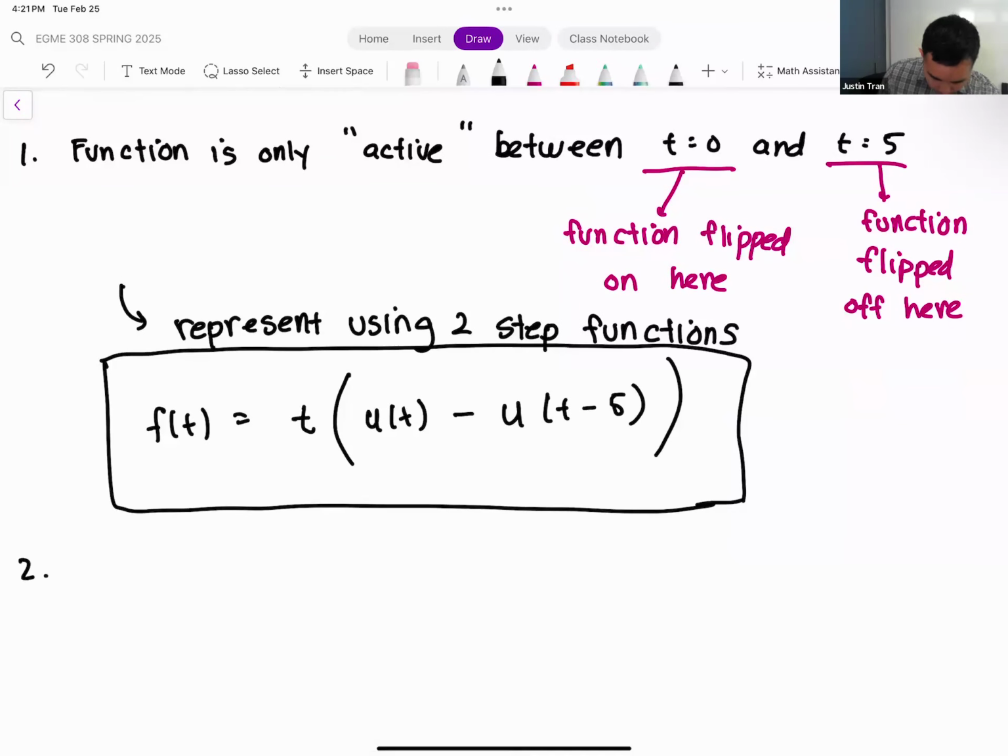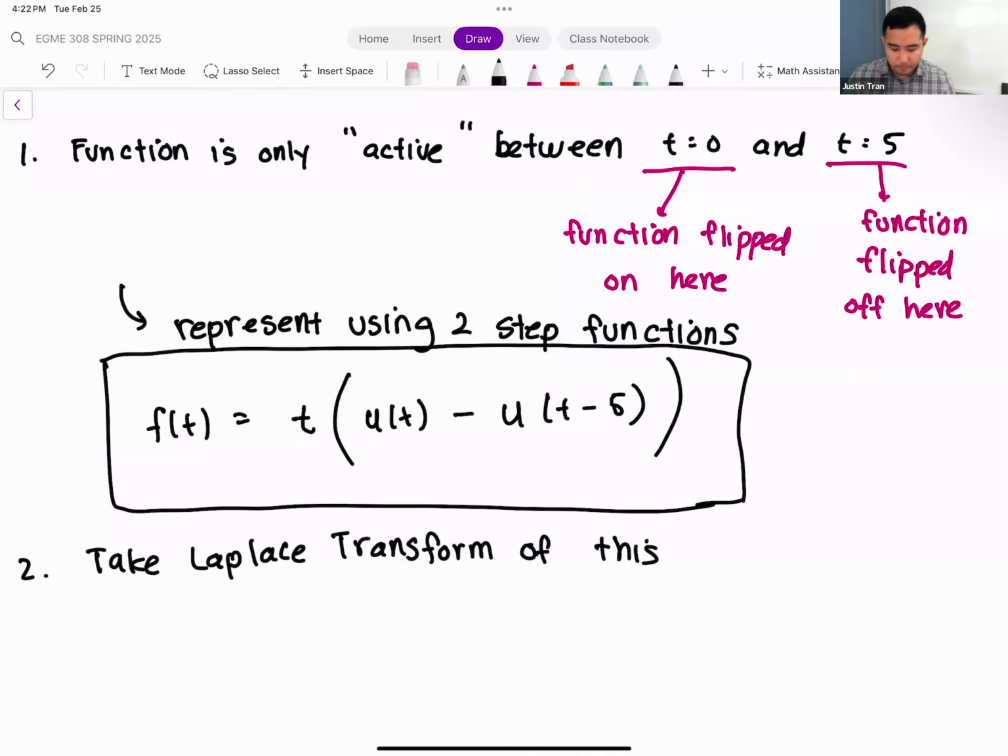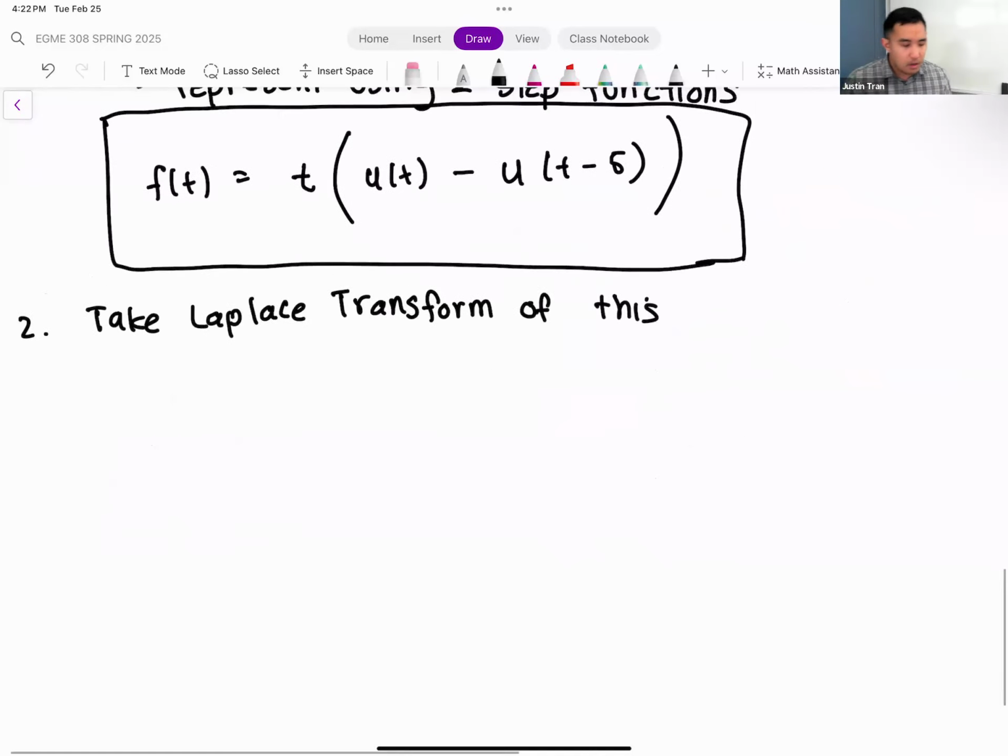Part 2. Let's take the Laplace transform of this expression. To take the Laplace transform, first thing I'm going to do is distribute t to both of these terms here.